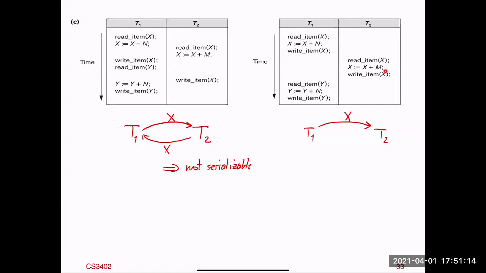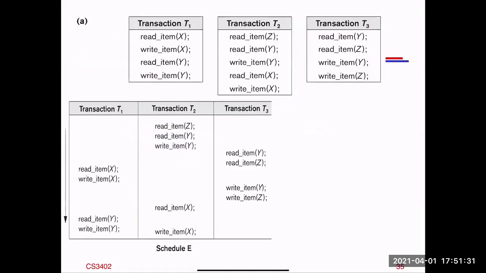From T2, we're reading X here and we're writing X, but you can see that we're not accessing X later on in T1. So there's no edge from T2 to T1. So this serialization graph does not have a cycle, and therefore it is serializable, and that's why this schedule was correct. And maybe the last thing for today is this more complicated schedule.